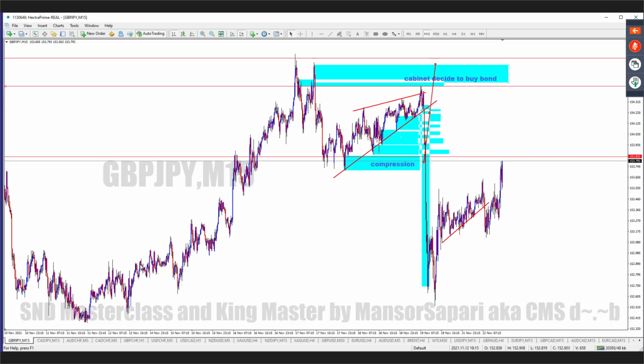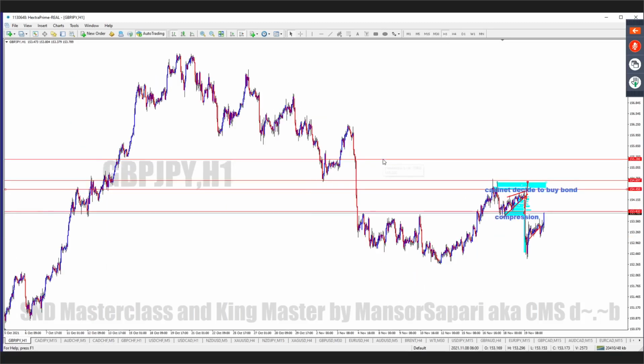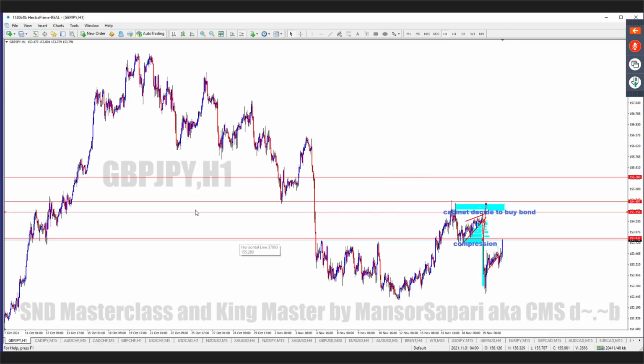Okay, if there's no question, let's say the setup is on the M15. Would you also look at H1, H4 to make sure we are not inside a higher time frame area that could rule the trade? Of course, yes. Whenever you do an entry, you must analyze from a bigger time frame first. For example, H1 or H4, you need to see the bigger picture.